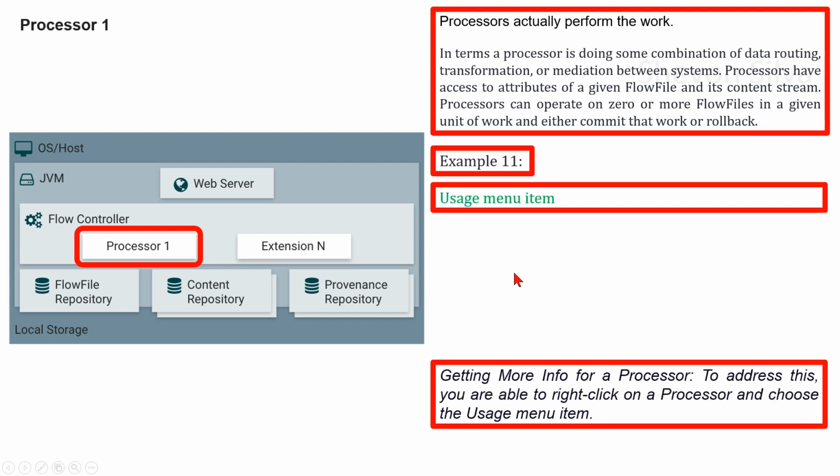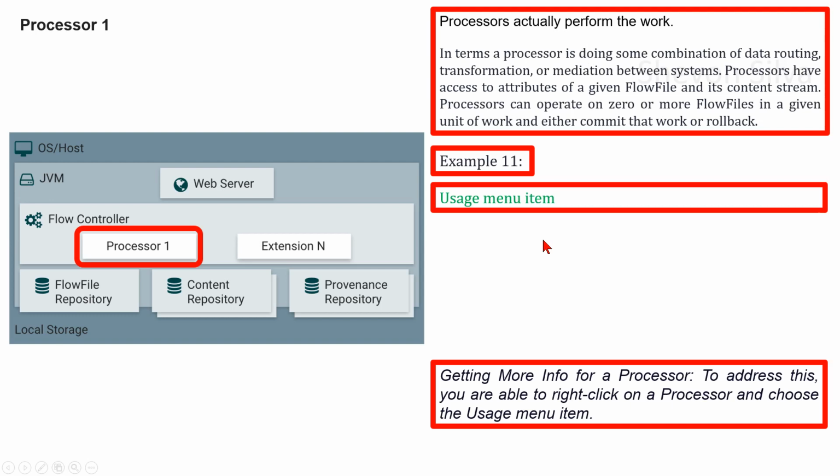Getting more info for a processor. With each processor having the ability to expose multiple different properties and relationships, it can be challenging to remember how all of the different pieces work for each processor.